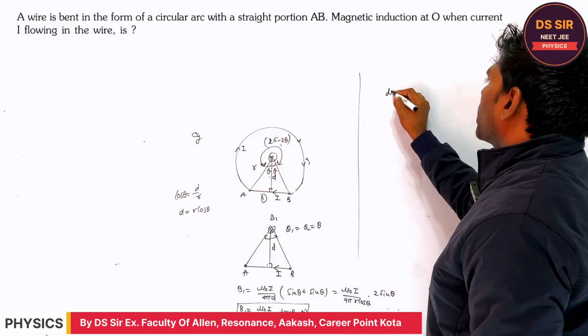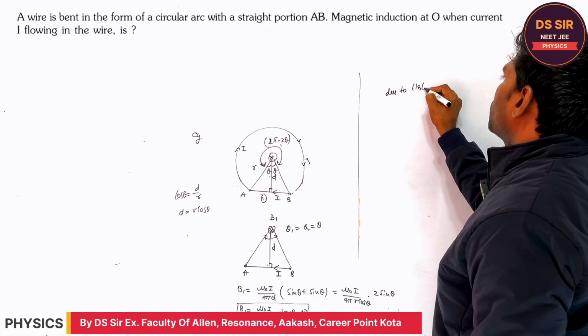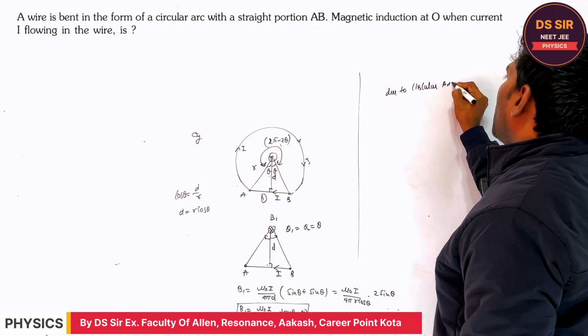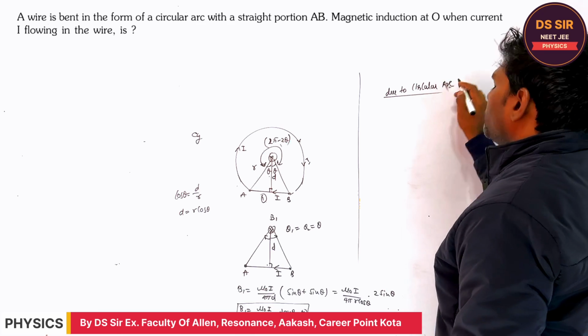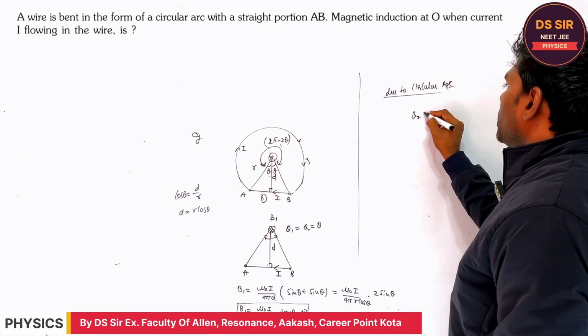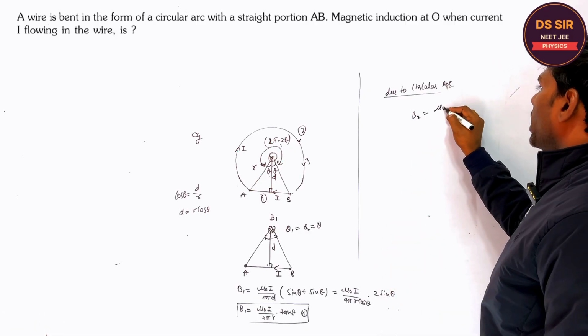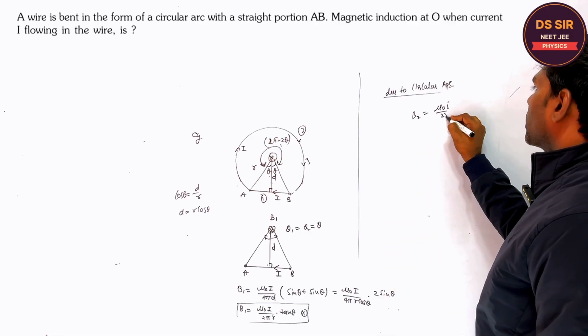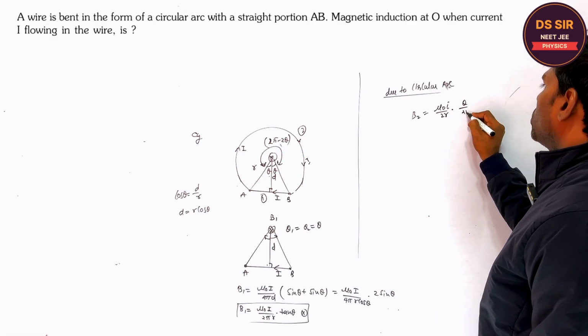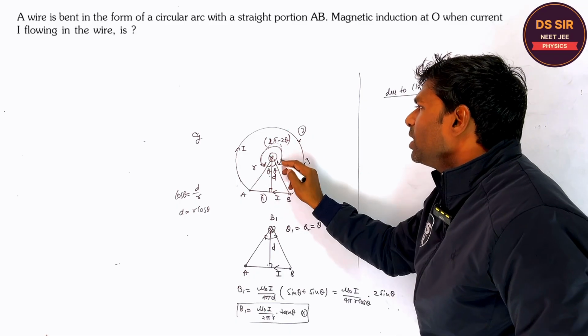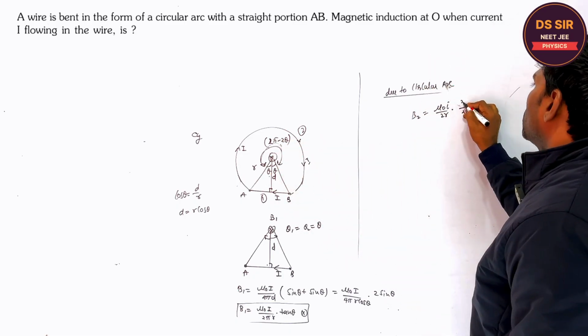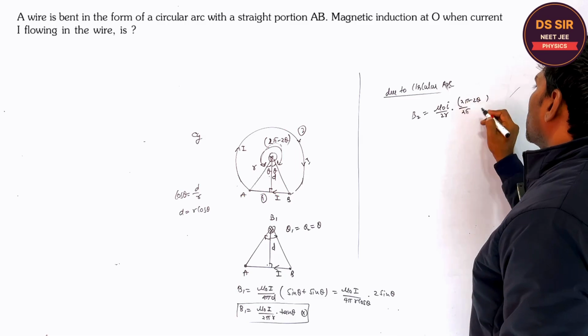So due to the circular arc, the B, this is the second portion, is mu naught I upon 2r and theta upon 2 pi. What is the theta over here? Say 2 pi minus 2 theta, right?